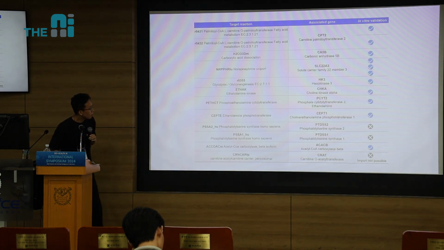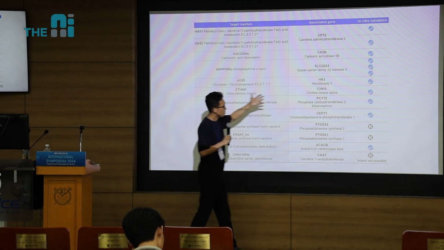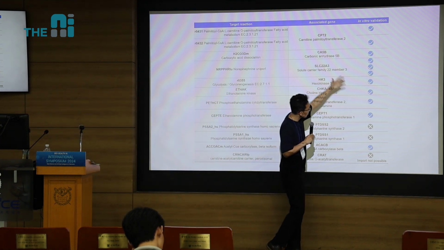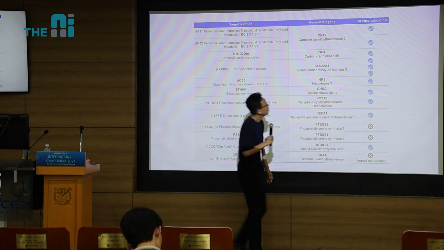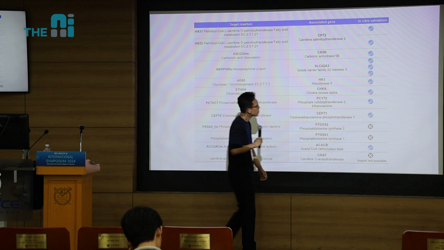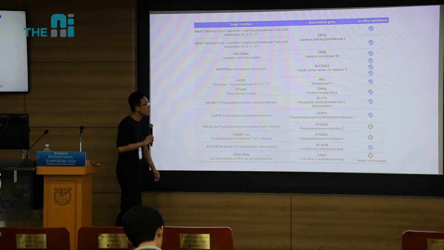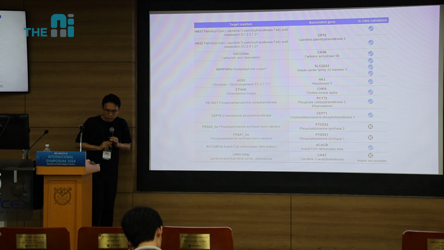These are the targets that we predicted using the platform. These are the associated genes, and this is the list of in vitro validation outcomes. I personally think it's a decent success rate.